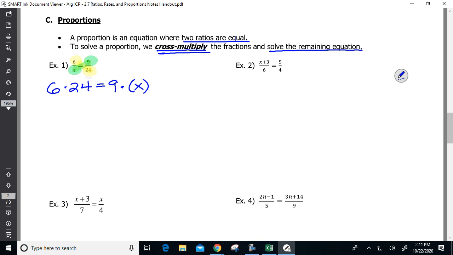Notice that whatever has the variable in it, I'm putting it in parentheses. If it has a variable, it's going in parentheses. You'll see why in a second. What's 6 times 24? 144. 9 times x means we are distributing. 9 times x is 9x.